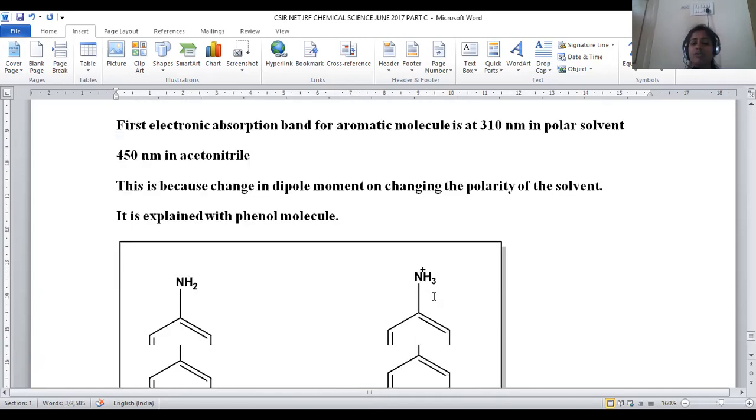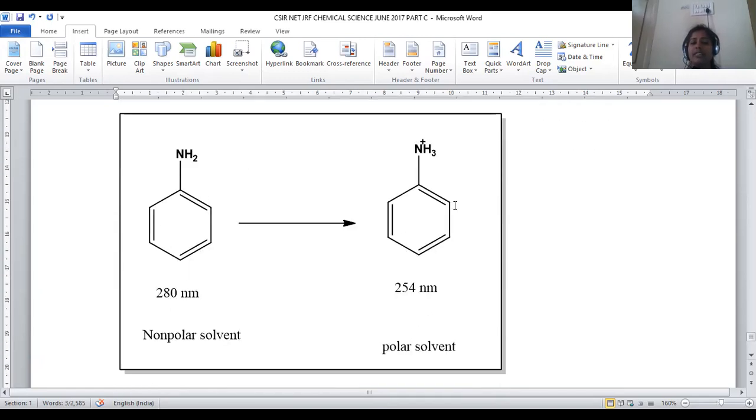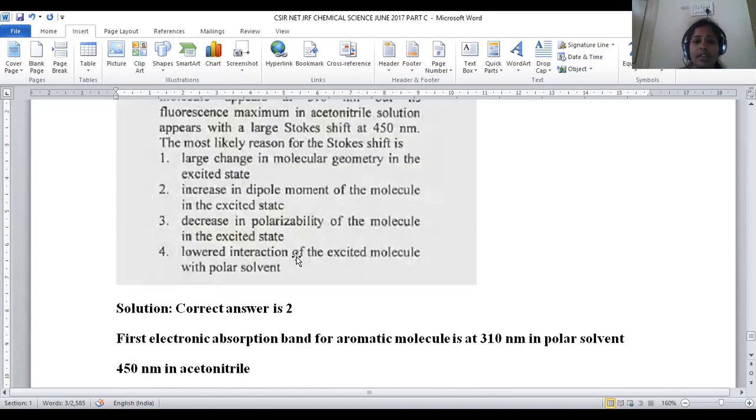So that is purely because of polarity, and we can say the dipole moment got changed, right? Dipole moment got changed upon the addition of different solvents. In this way, the dipole moment of the molecule increases in the excited state.